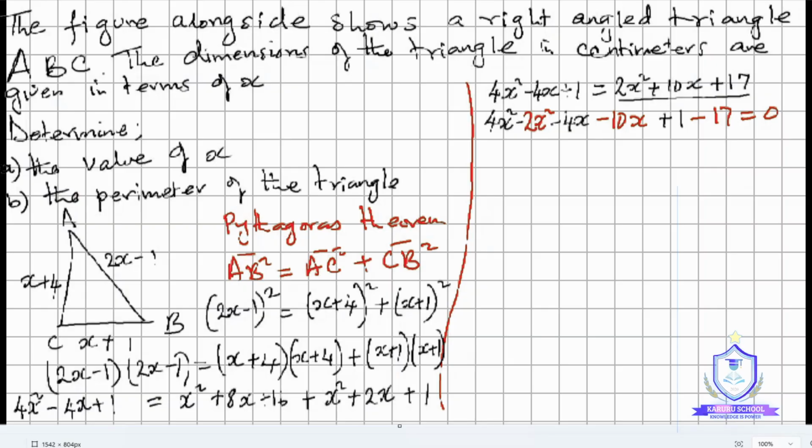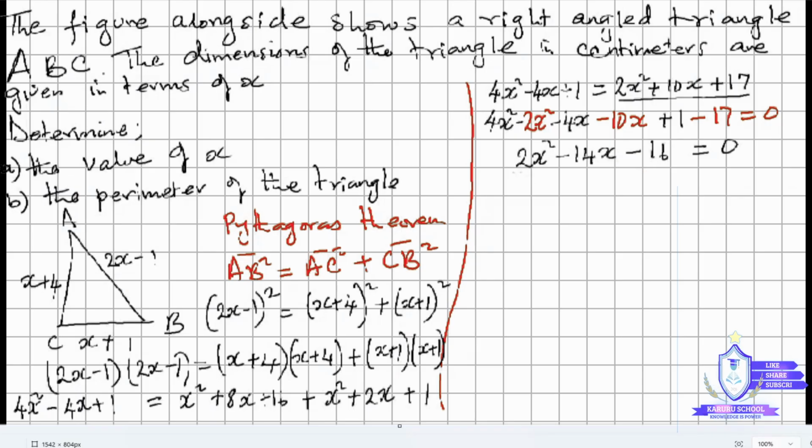So if we simplify this, we will get 2x squared minus 14x minus 16. This gives us 0.